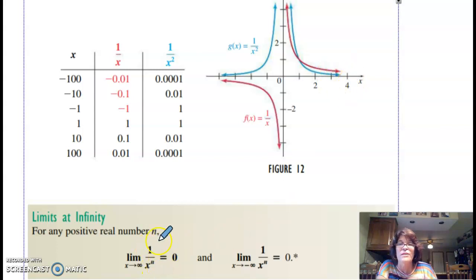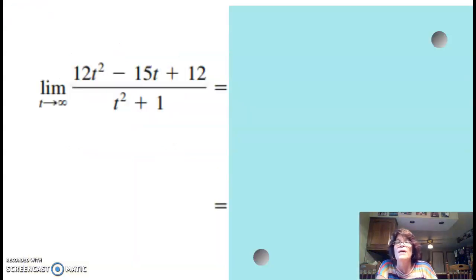Whether it's just 1 over x or 1 over x to a power, it's going to get close to this 0 asymptote. So the limit as x approaches infinity of 1 over x to the something gets really close to 0. And we're going to use that for this problem that we saw on the previous page.